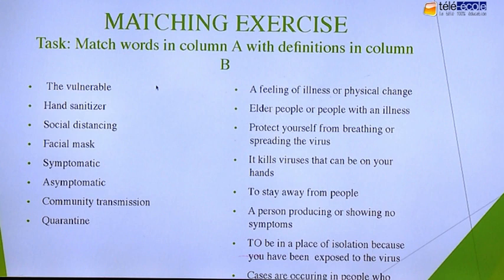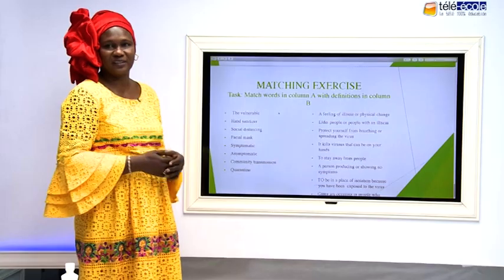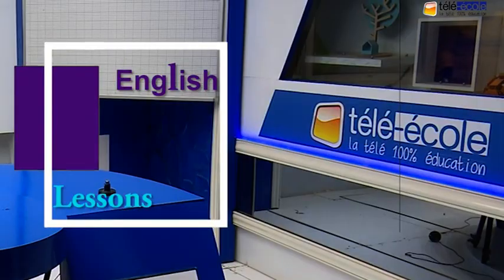It kills the viruses that can be on your hands, to stay away from people, a person producing or showing no symptoms, to be in a place of isolation because you have been exposed to the virus. And the last one is cases are occurring in people who don't know where they got the virus.